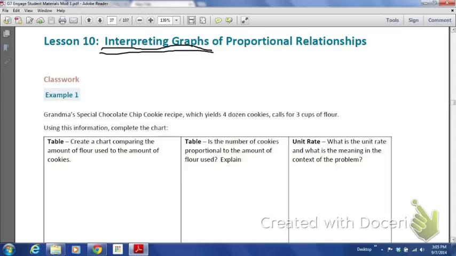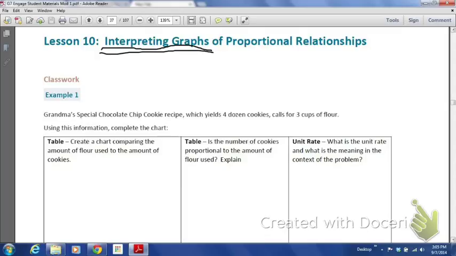Now this first example, Grandma's special chocolate chip cookie recipe, is more or less a review of previously taught concepts. But we're going to build upon this example as we move through lesson 10. So what I want to challenge you to do right now is to complete this example here.